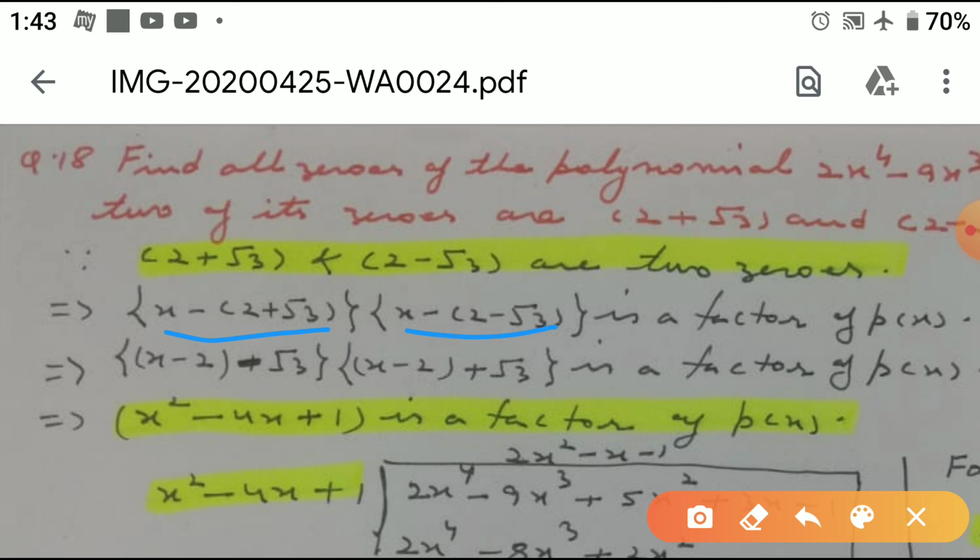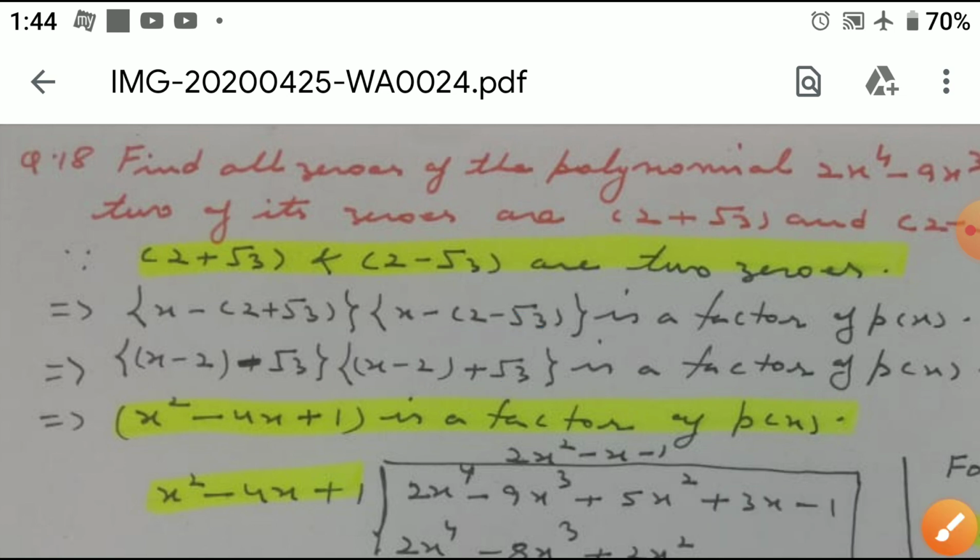Now we open this small bracket, it becomes x minus 2 and minus under root 3 as it is, right? It's an important step. X minus 2 from this also, and minus multiplied with this minus becomes plus here. Now x minus 2 bracket close minus under root 3 into x minus 2 plus under root 3 is a factor of this.